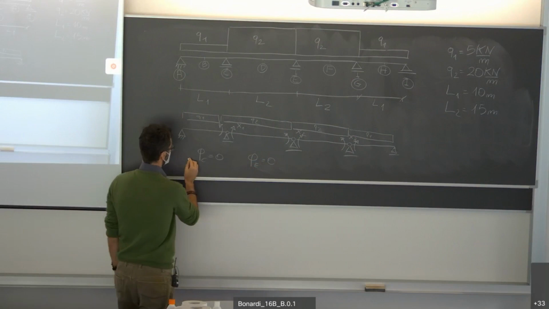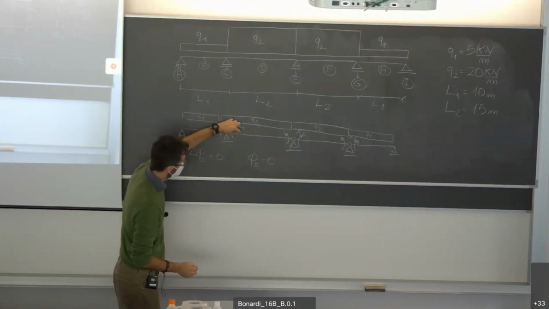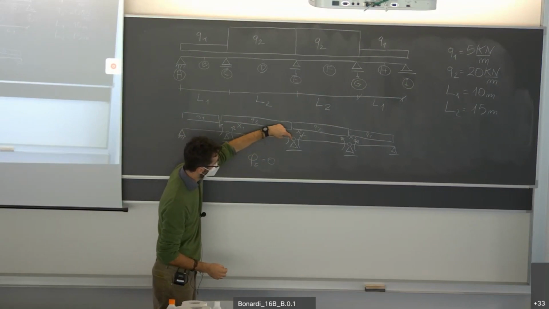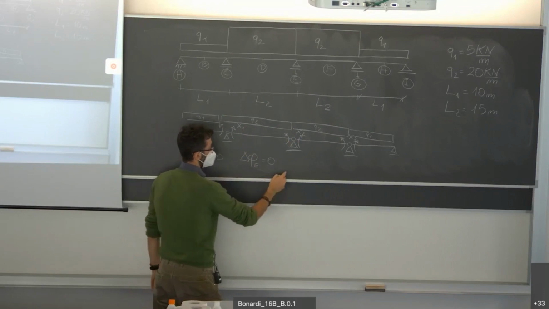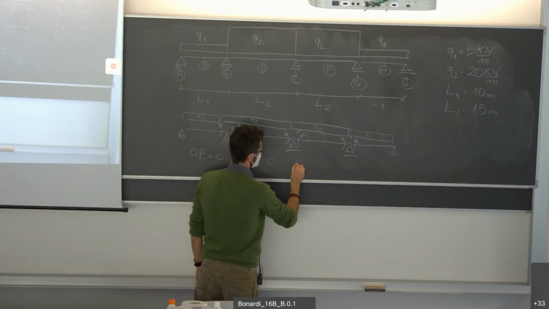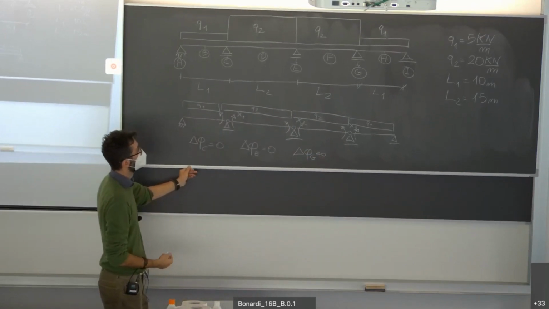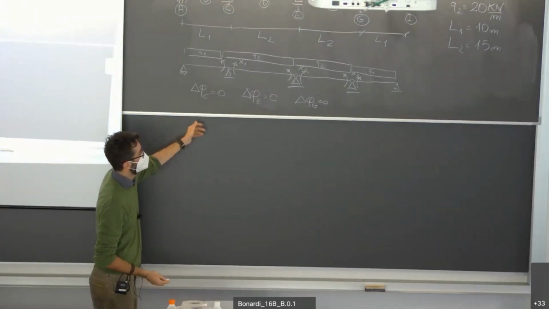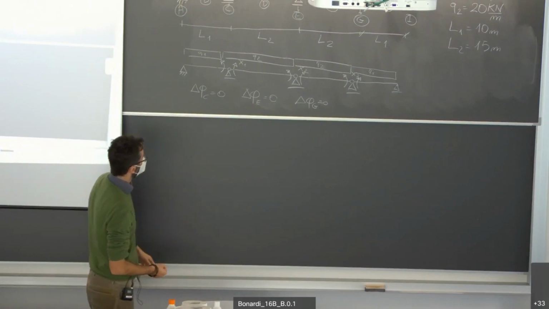Actually, the relative rotations between the beams in node E, in node C, and in node G are equal to 0. I'm going pretty fast because you have seen all of these. The interesting part is later.